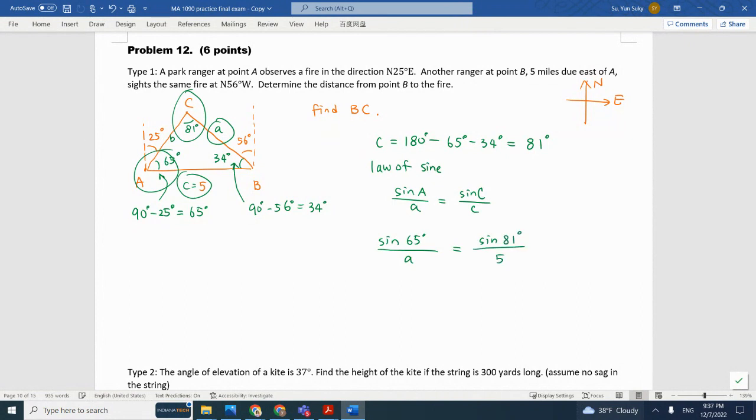Side C is 5. Cross multiply. A sine 81 equals 5 times sine 65 degrees. So A is both sides divided by sine 81 degrees. So you use 5 times sine 65 degrees over sine 81 degrees. And you get, let's keep 3 decimal places, 4.588 miles.